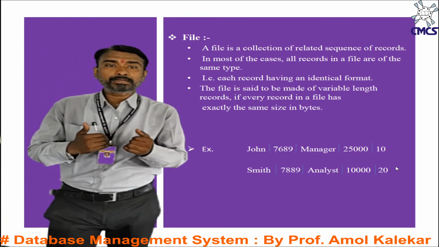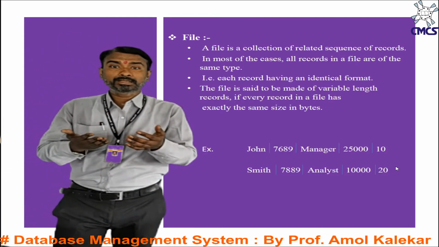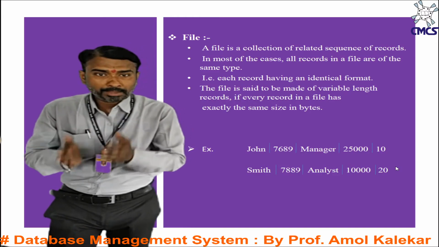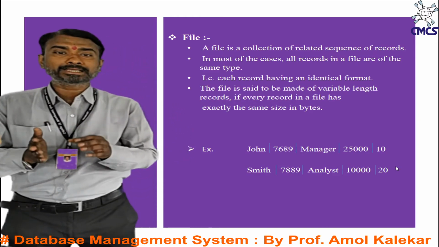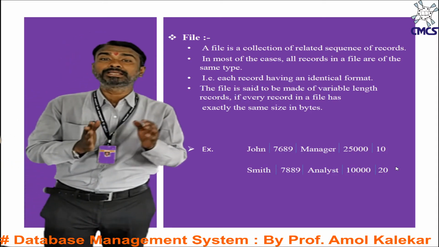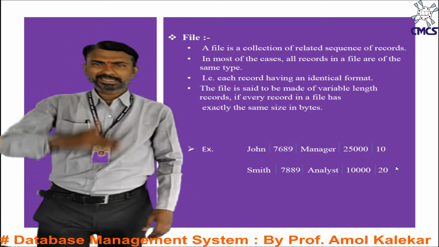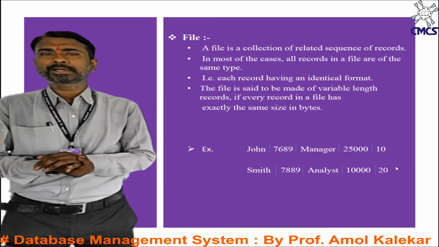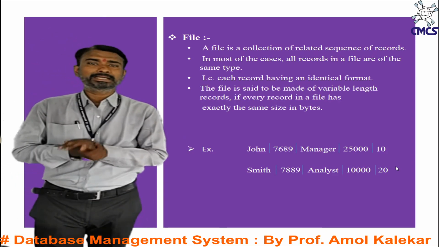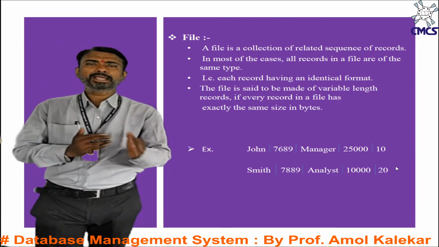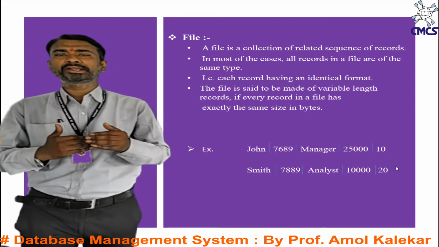Again, the file is said to be made of fixed length records if every record in the file has exactly the same size in bytes. So these are some of the basic things as far as the file is concerned. In simple way, a file is a collection of logically related records.